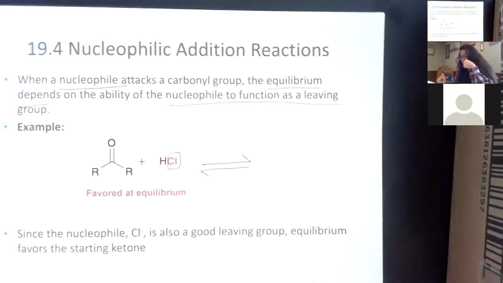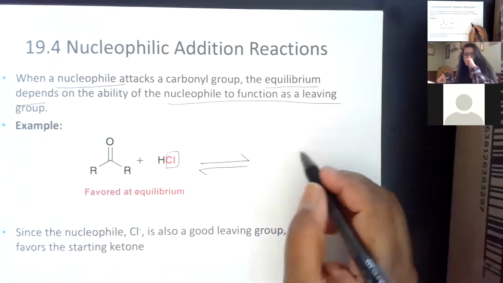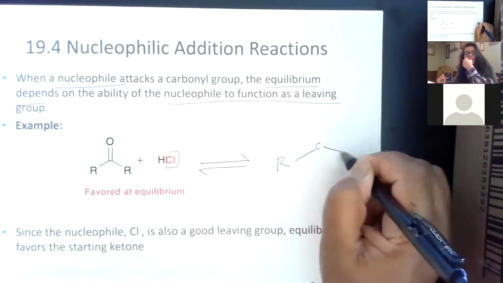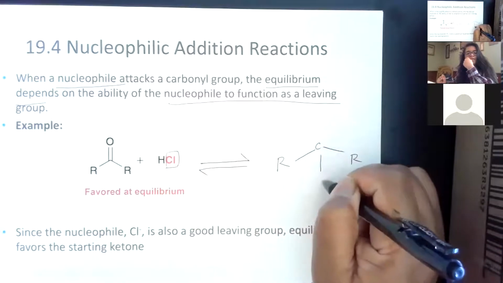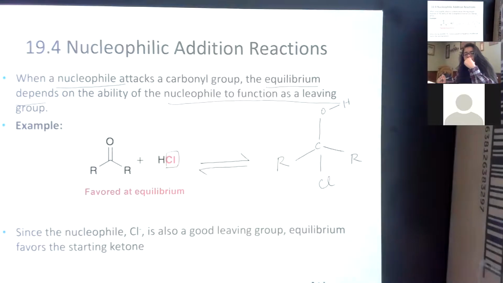Okay, Cl minus, that's your nucleophile. So we're only looking at what the product will be at the other end. We get something like this.